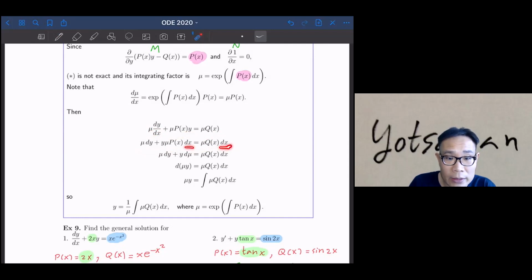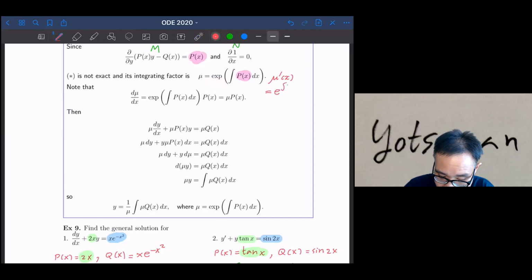The thing that we can see is, when you differentiate mu with respect to x, what will happen? When you find mu prime of x, it's going to be just e to the u, the exponential function, so this term turned out to be just copied: e to the integral of p(x) dx.